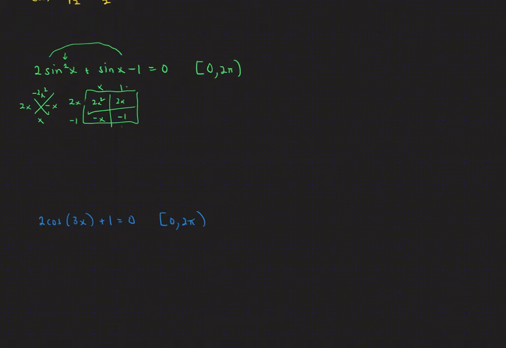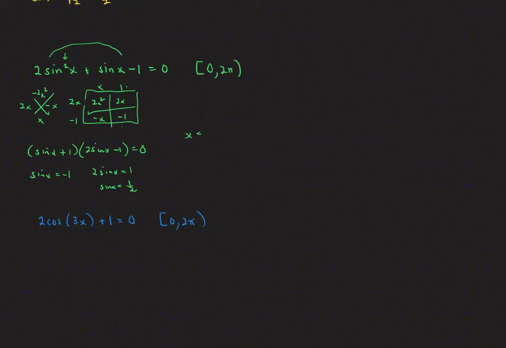So that's going to factor into our x plus 1, but our x is really sine x plus 1, and 2 sine x minus 1 are going to equal 0. So that means sine x is negative 1, or 2 sine x is 1, making sine x 1/2.